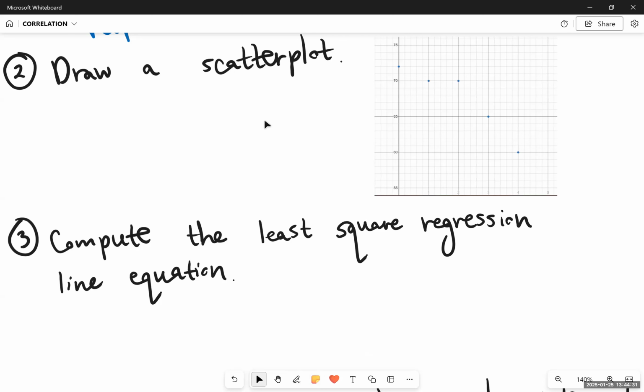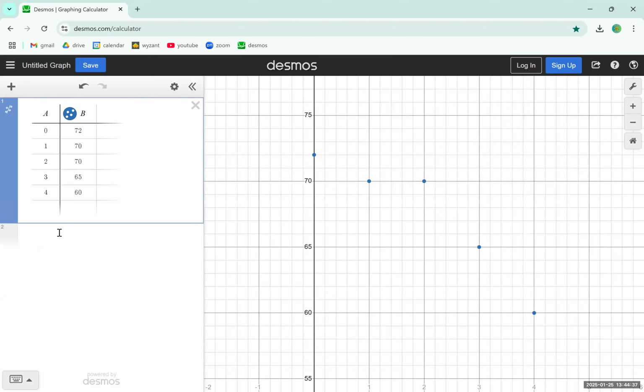Okay, so I'll go back to Desmos. And whenever you want that line, the only thing you have to do is similar to what you learned in algebra, y equals mx plus b, but we're going to have a little variation here. Instead of equals mx plus b, we'll have y with this approximation mx plus b.